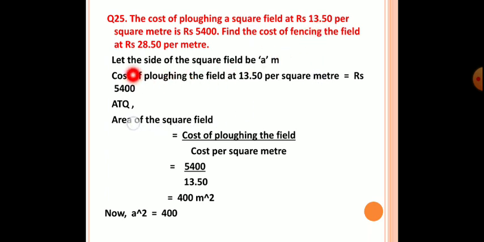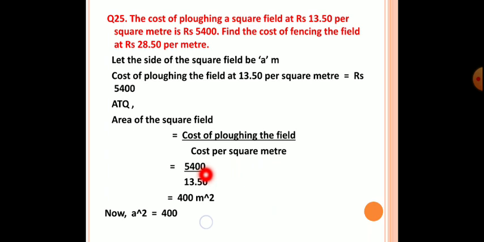So let the side of the square field be a meter, that is not given. So cost of ploughing the field at rupees 13.50 per square meter is equal to rupees 5400. So according to the question, area of the square field is equal to total cost of ploughing divided by cost per square meter.